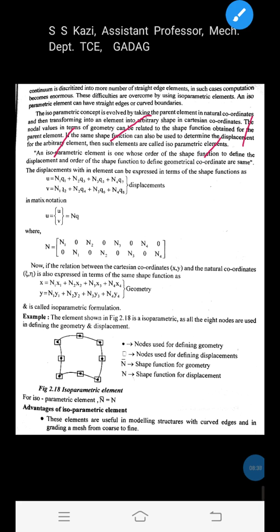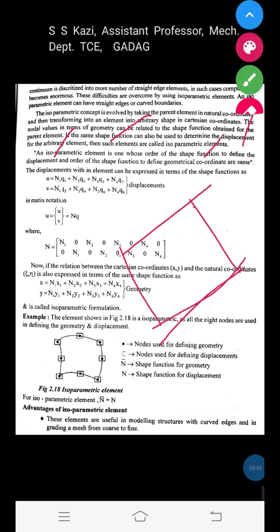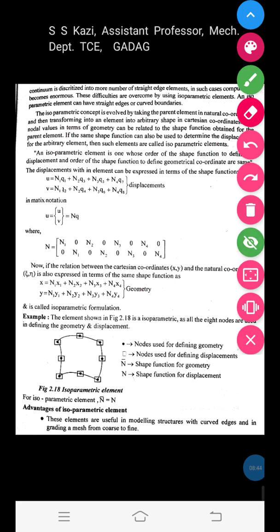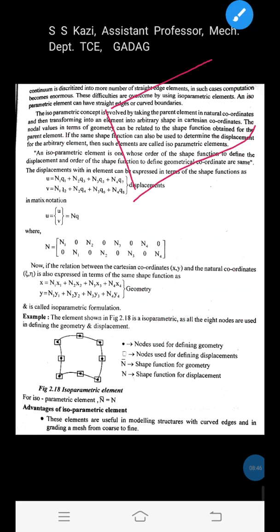Let us take the 4-node quadrilateral element, where the shape functions are n1, n2, n3, n4.